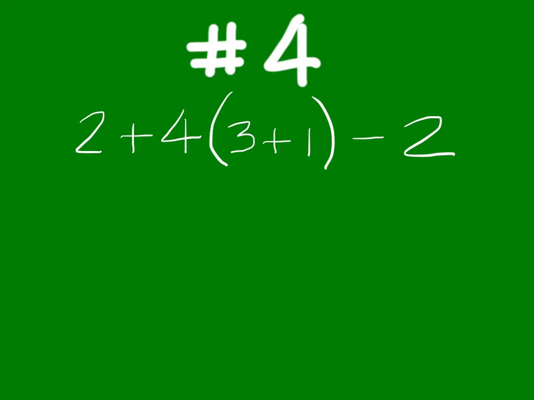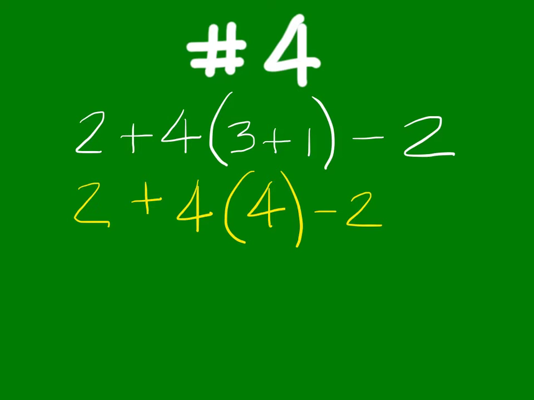Now Murray had this right, so I'll ask you to. What do I do first in this problem? 3 plus 1, which is what? 4. So we'll write 4 there and keep everything else where it's at. What do I do next? Four times 4 is right.